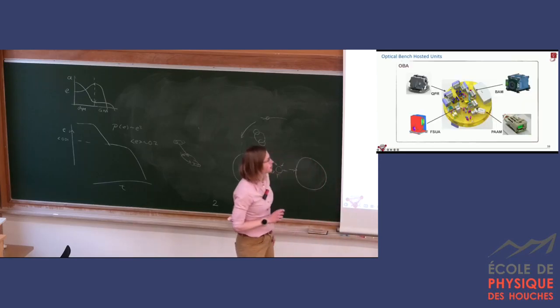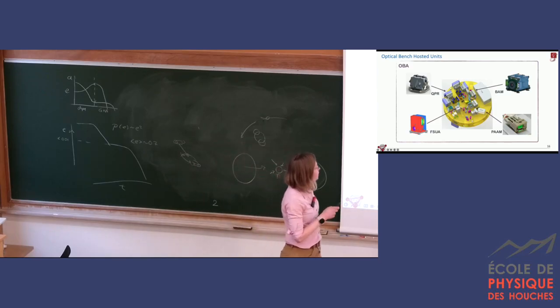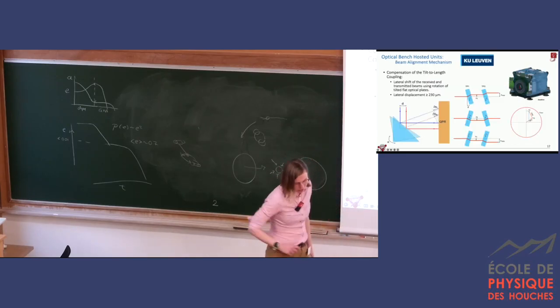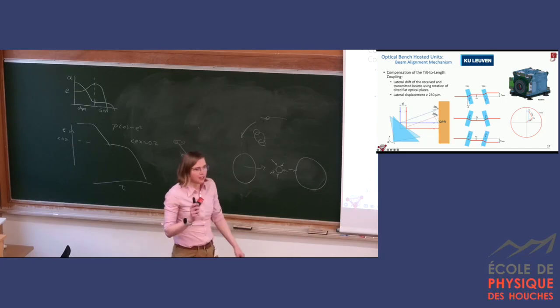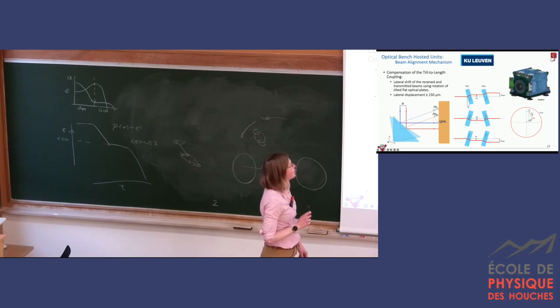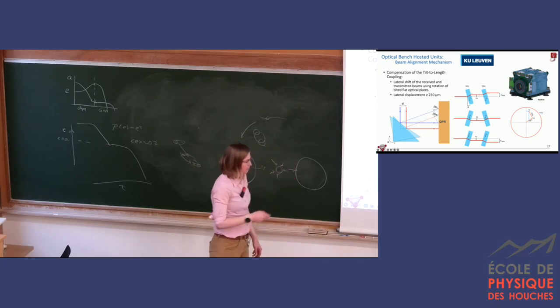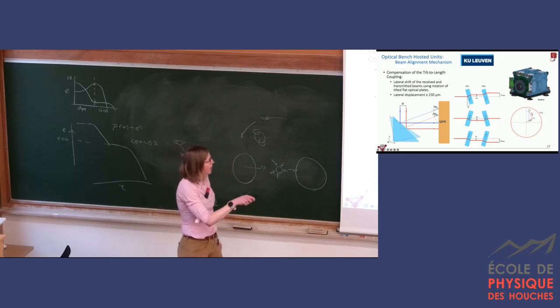Now, I also mentioned that the optical bench hosts mechanisms. Not going to be mentioning QPRs yet because they are part of the phase readout system, but we talk a little bit about the other. So first is the beam alignment mechanism. There was a question about tilt-length coupling and tilt-length coupling compensation. So if you look here, we have 2 beams.